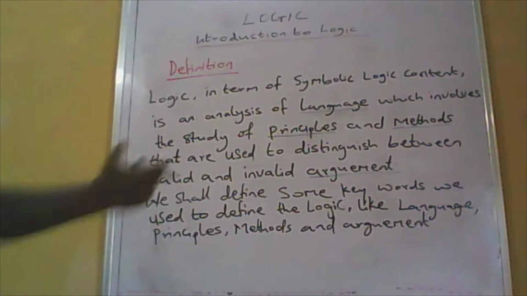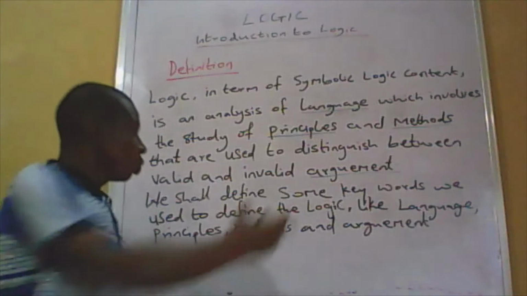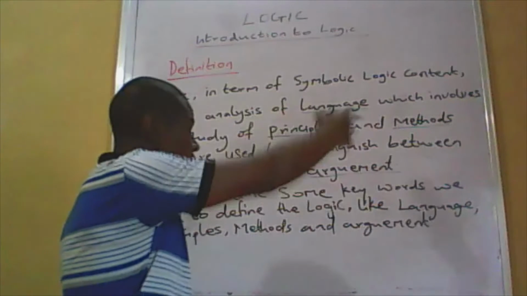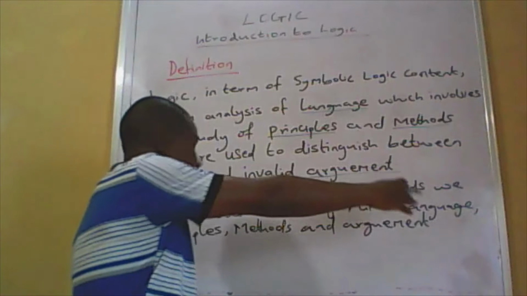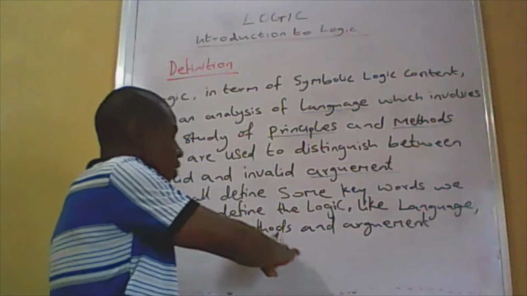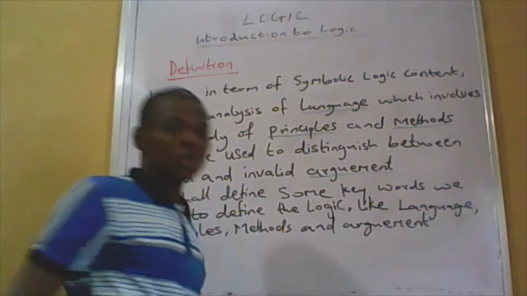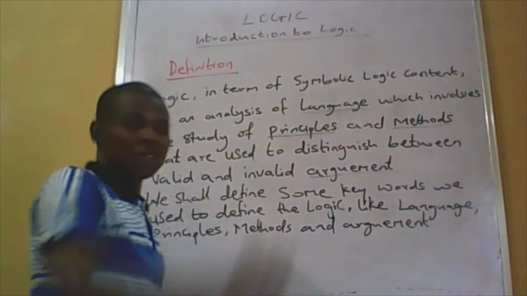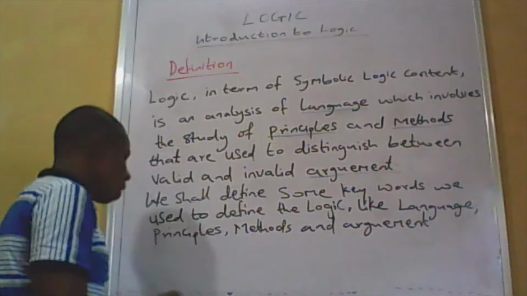These are the keywords we use to define the logic: language, principle, method, and argument. We are going to define these words. One is language.